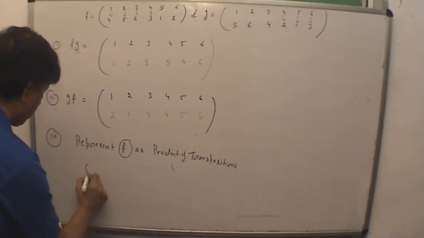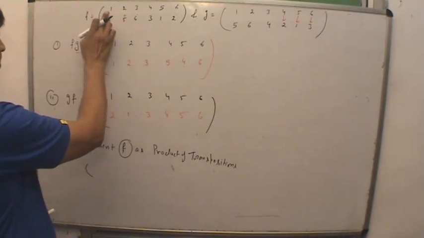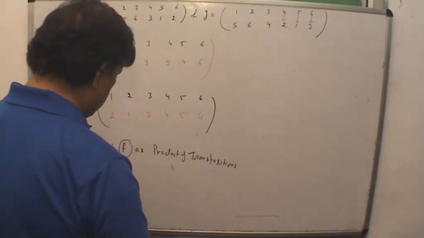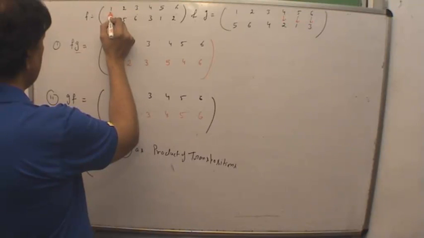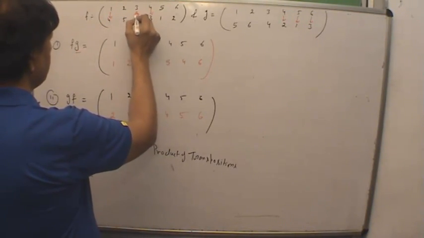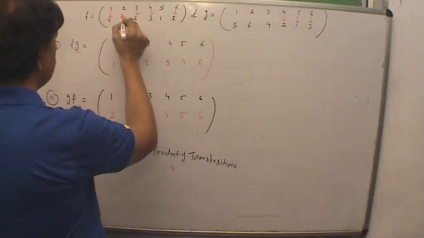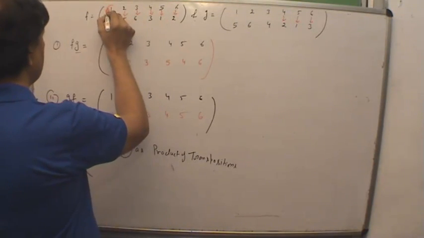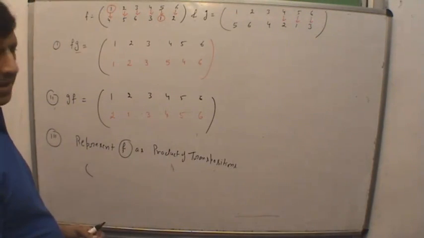To find the product of transpositions, we select the cycle in the given permutation. Say here the permutation is F. Now we select the cycle here. 1 has the image 4, 4 has image 3, 3 has image 6, 6 has image 2, 2 has image 5 and 5 has image 1. Here we started, here we terminated the cycle.